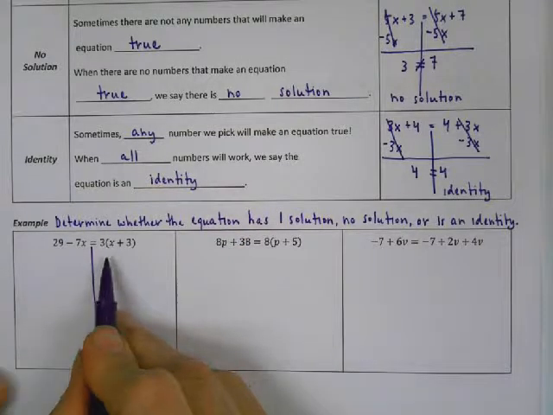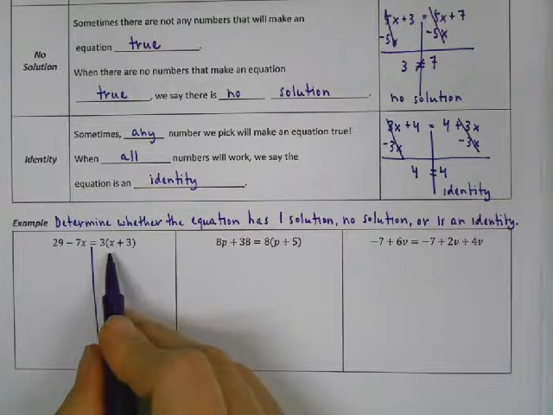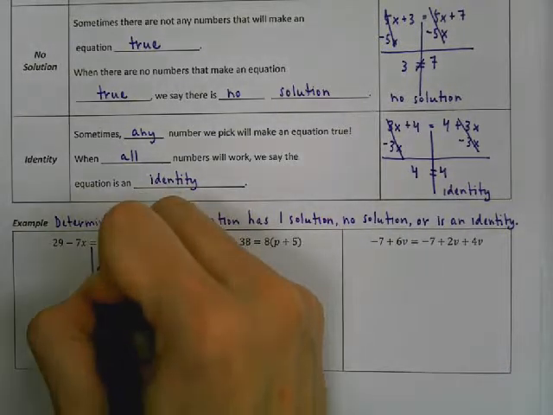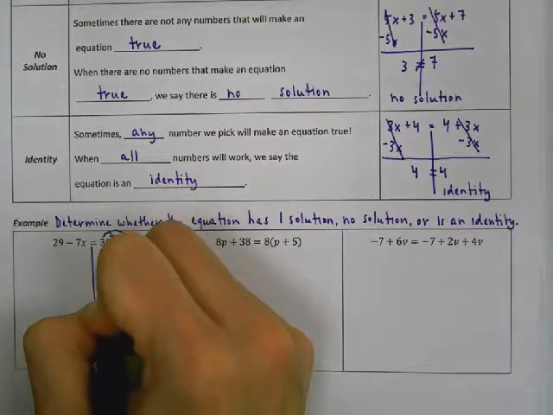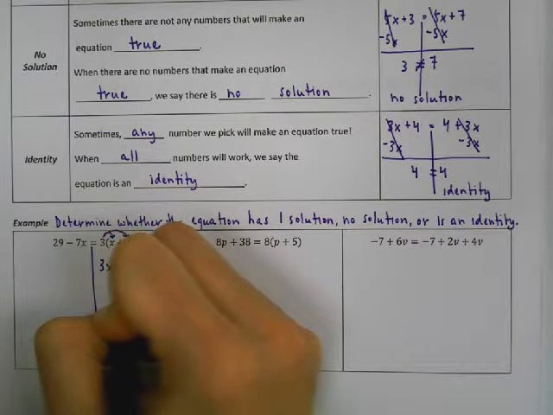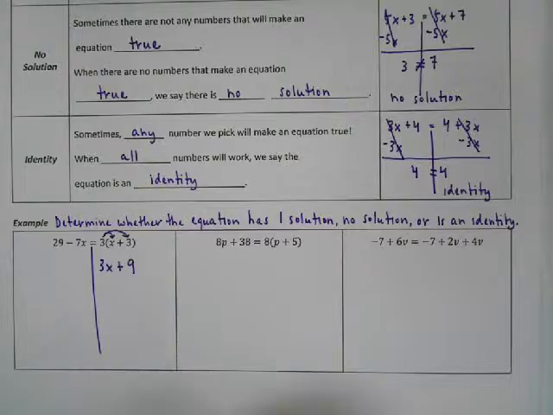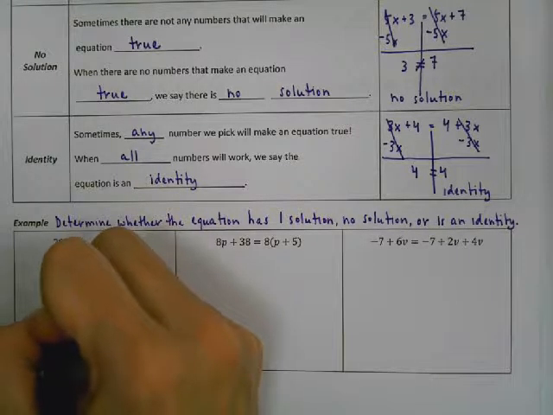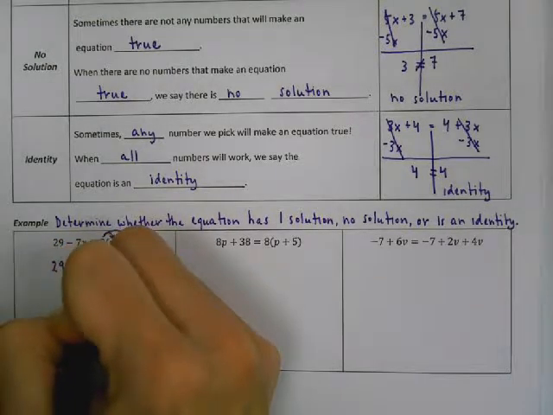So my first one, the first thing I notice is I have some parentheses that I need to deal with here on the right side. So I'm going to go ahead and distribute to take care of those. So I get 3x plus 3 times 3 is 9. Over here, I'm going to copy down my 29 minus 7x.